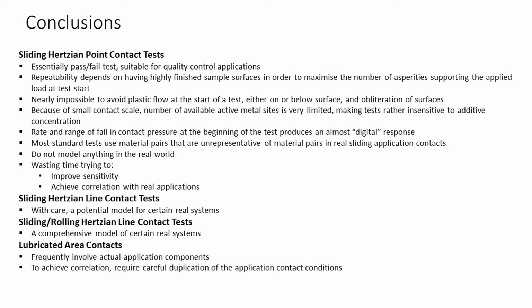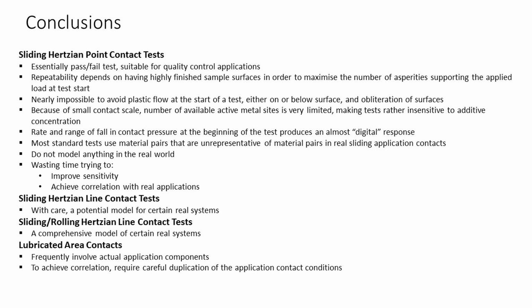Repeatability frequently depends on having highly finished and highly controlled test specimen surfaces in order to maximize the number of asperities supporting the applied load at the start of the test. It's nearly impossible to avoid plastic flow at the start of the test, either on or below the surface, and it's also very difficult to avoid obliterating test surfaces.